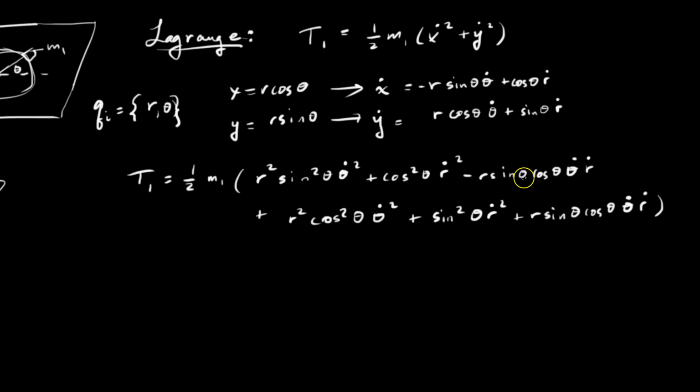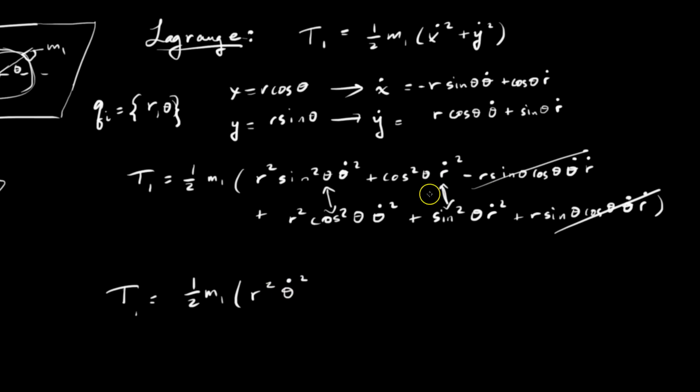Just expanding it. And now notice that this cancels out with this, right? And notice, what else? This is going to simplify, and this is going to simplify. So we're just left with this, right? Why does it simplify? We have sine squared theta, and then we have cosine squared theta. So it's just going to be r squared, theta dot squared, and the same thing here. Sine squared theta plus cosine squared theta. That's just the Pythagorean identity. So we just have this. Great, we got T1.